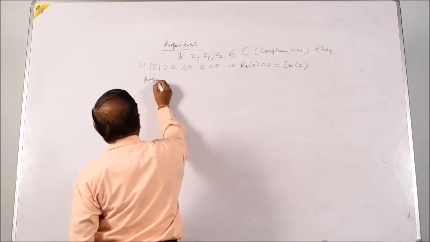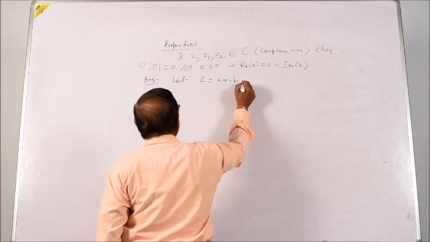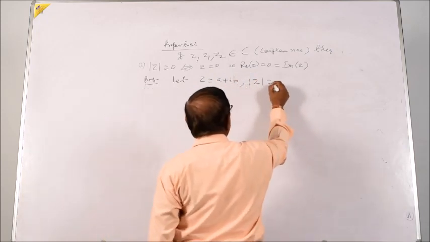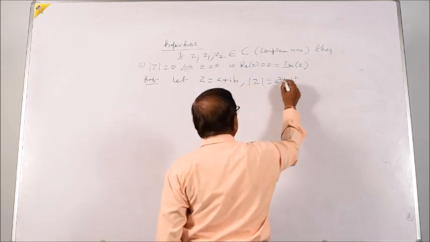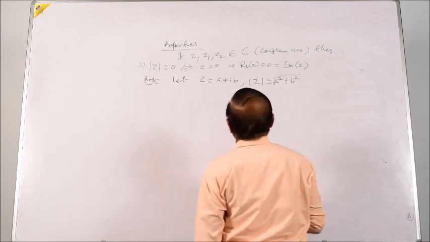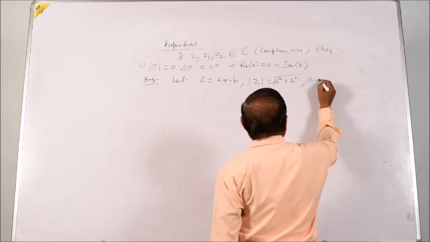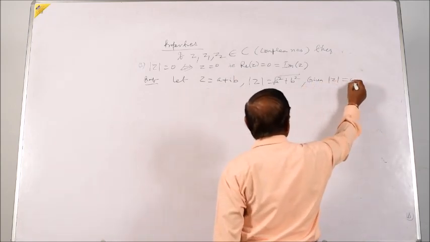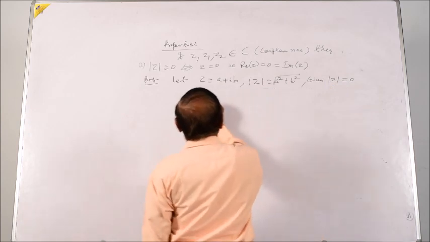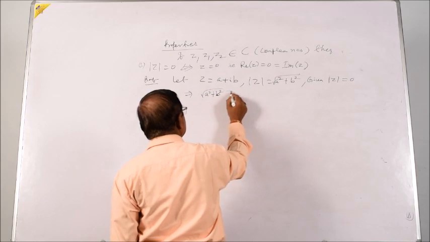Proof. Let z is equal to a plus ib. So, mod z is what? The square root of a square plus b square. Given mod z is 0, that implies the square root of a square plus b square is 0.